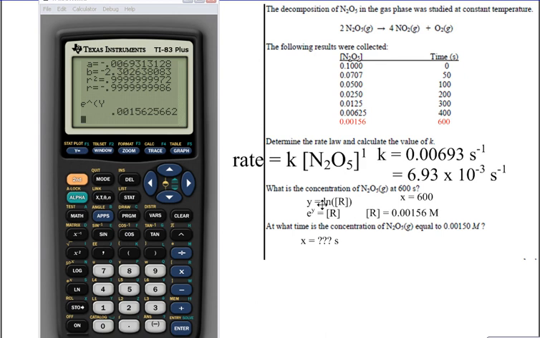But remember, our graph isn't of concentration, it's of the natural log of concentration. So let's take this value and figure out what y is. And we find that y is negative 6.5002 or 022. All right, so we have a value for y. We need a value for x.